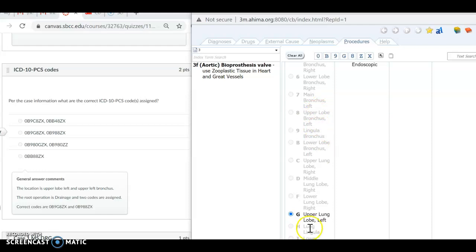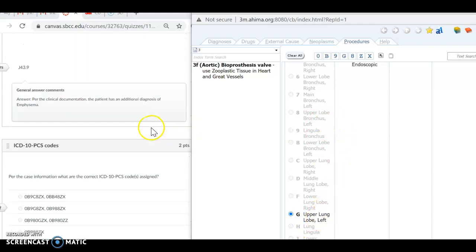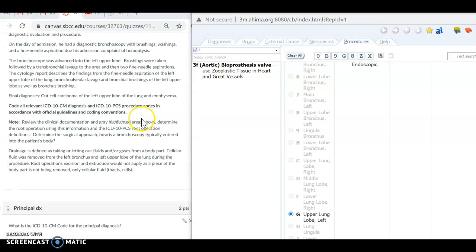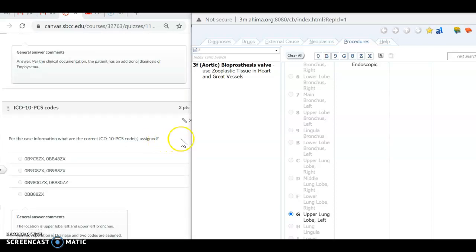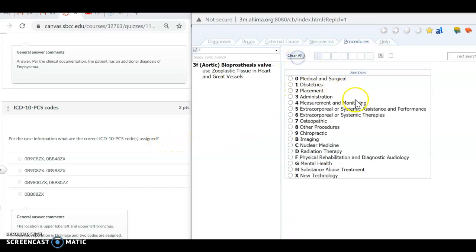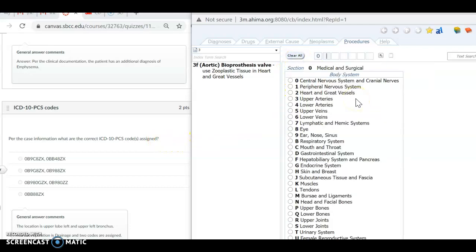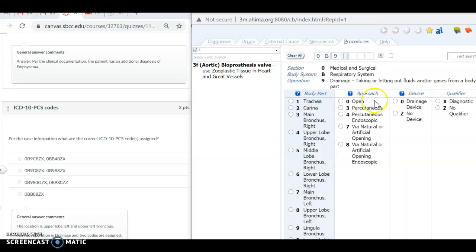So we have upper lung, and then we also have upper lobe bronchus, and it does state that if you read through the procedure itself, where we did do the biopsy. So with that, if we clear it, we have 0B988, again natural or artificial opening, and then ZX.